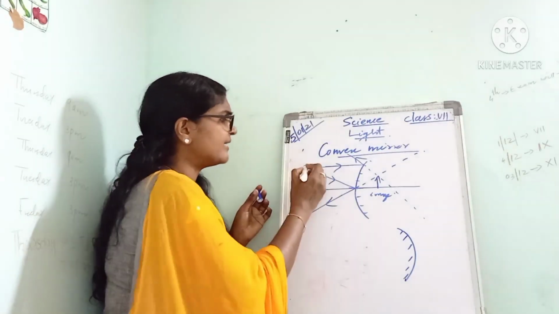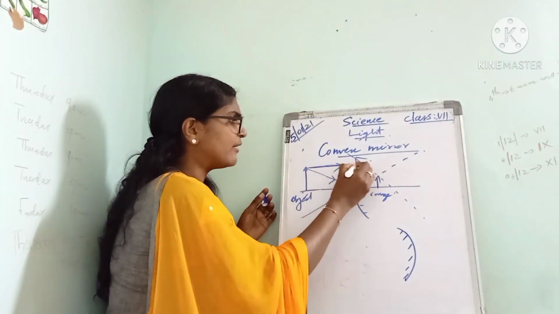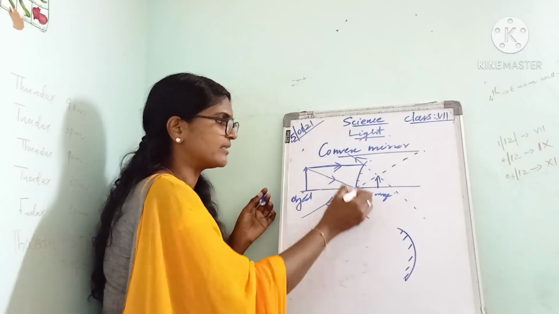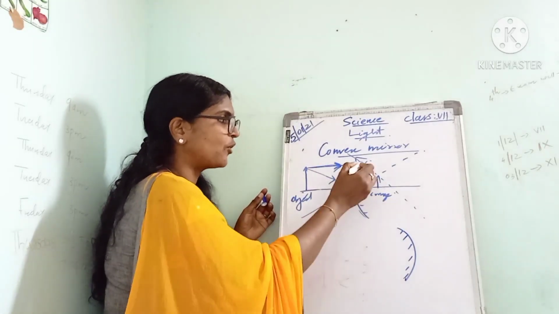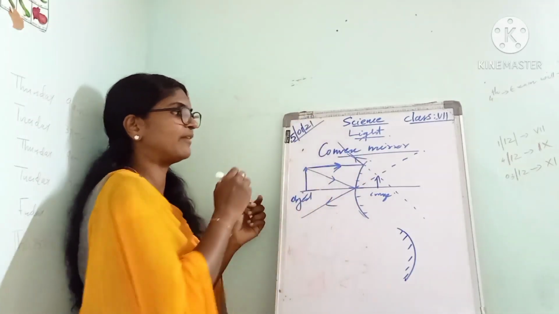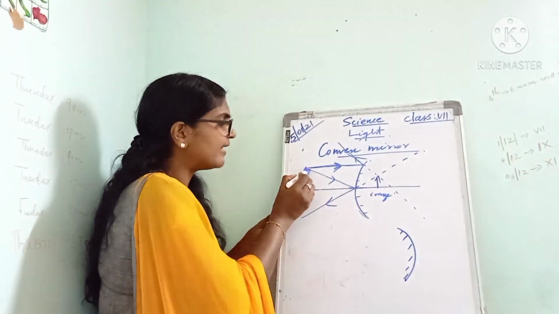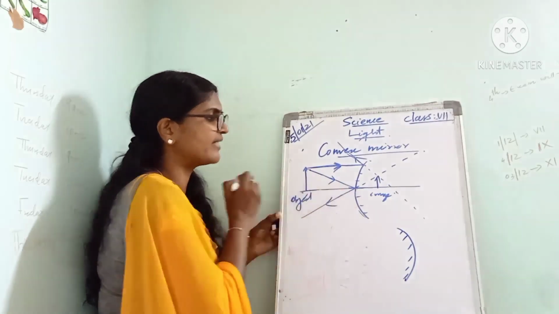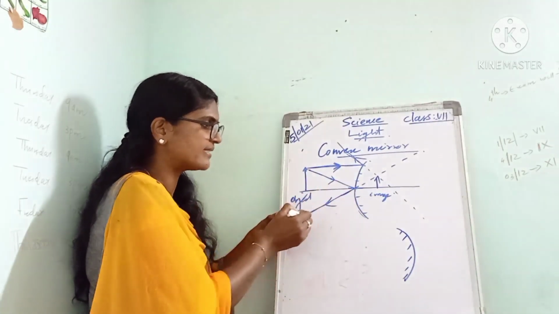And here this is the light from the object that falls on this reflecting surface, the outer curved surface of this convex mirror, and it gets reflected like this. This is the reflected ray. And another light that falls on this convex mirror gets reflected like this.